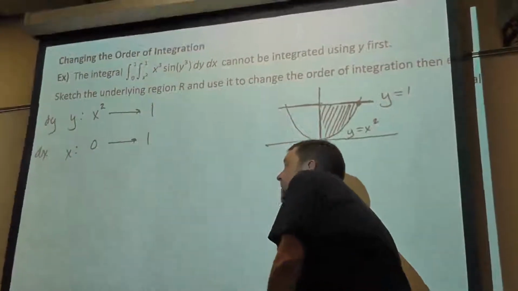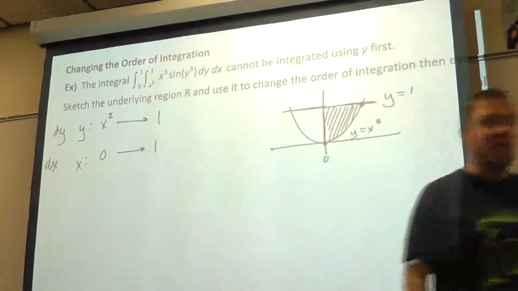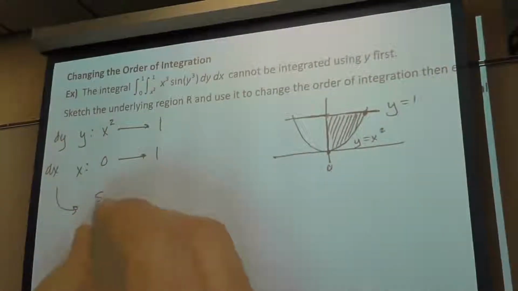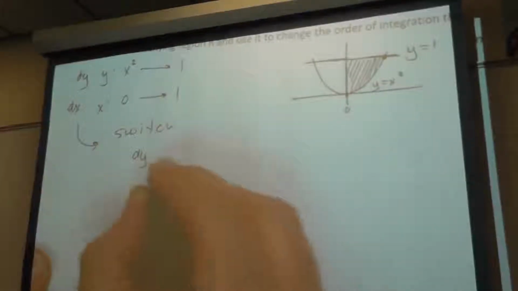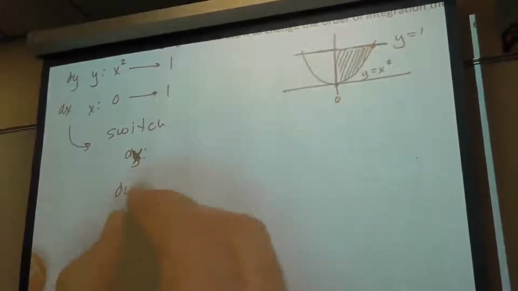Okay. So those are the original limits. But the limits there are actually worthless in terms of the original order of integration. So we want to switch it to doing dx, then dy.